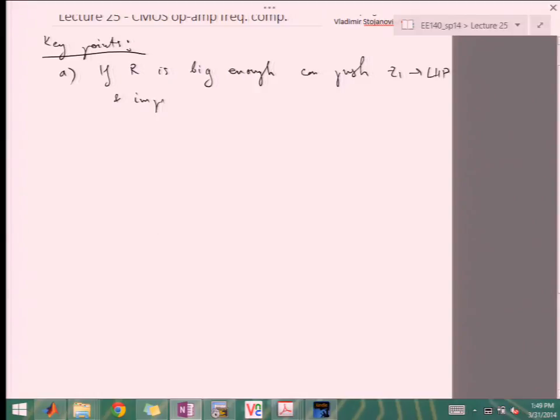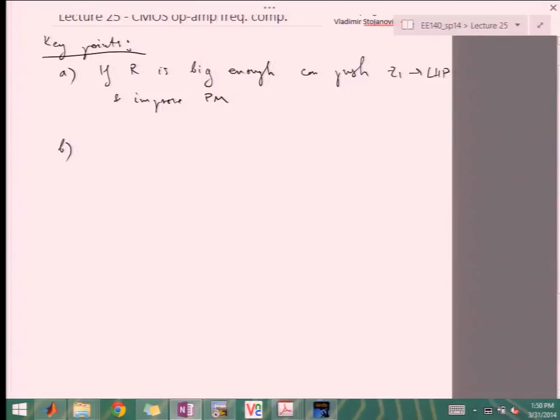And this will improve the phase margin, right? Because if 0 is in the left half plane, regardless if it's slowing down the roll-off in the gain, it will actually start boosting the phase, right? So instead of lowering it by 90 degrees, it will start boosting the phase, and that will help us fight whatever the poles are doing.